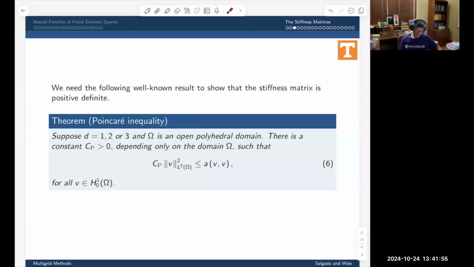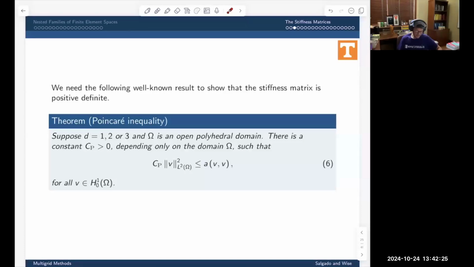To do the positive definiteness, we need to establish, or we need to have this object called the Poincare inequality. So here's where we can start being a little bit general. Suppose that D is equal to 1, 2, or 3. Omega is an open polygonal, or polyhedral in higher dimensions, domain.